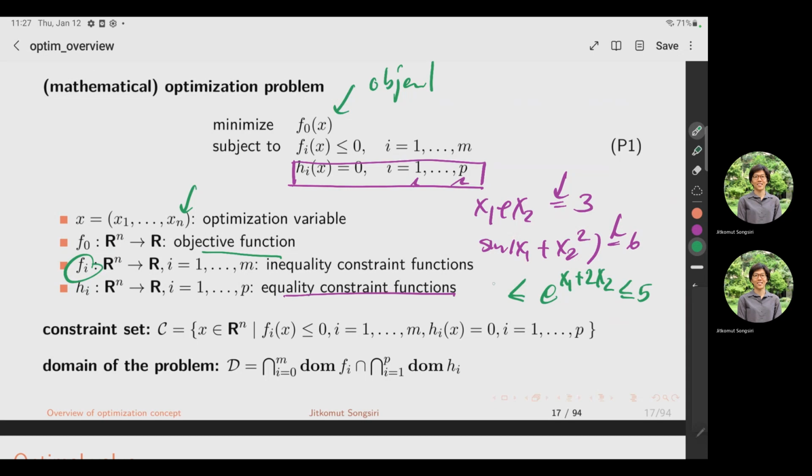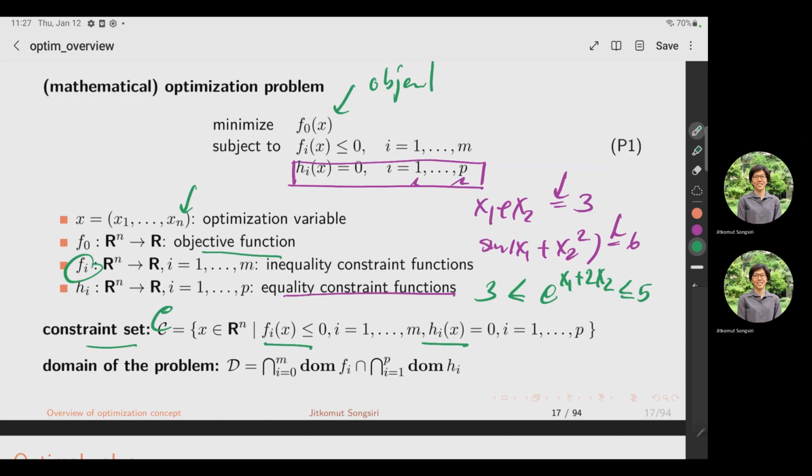In this form, you have 2 inequality constraints, even though you express it in one line. The constraint set, I typically use the letter C, is the set of x where it satisfies all types of constraints, both equality and inequality.